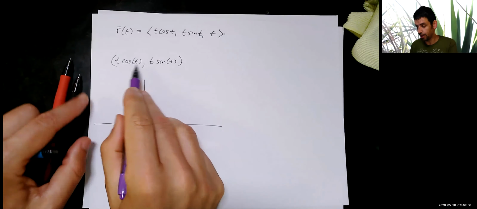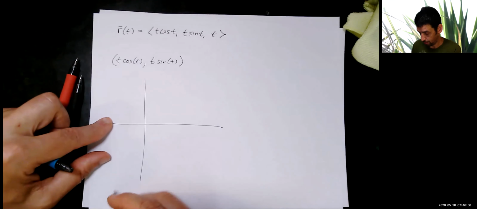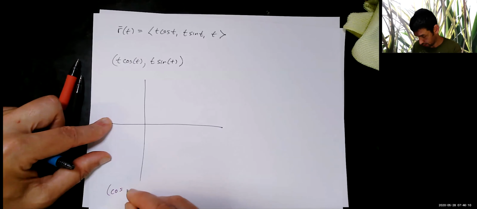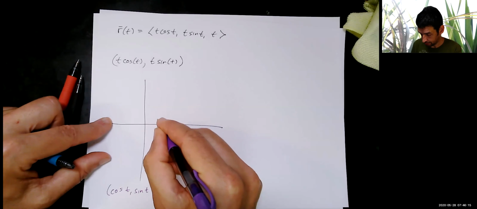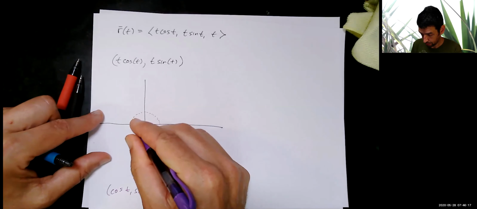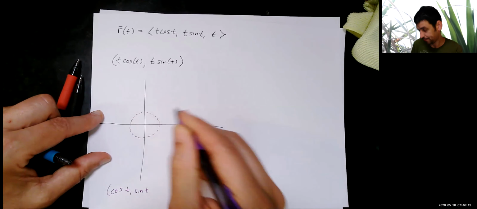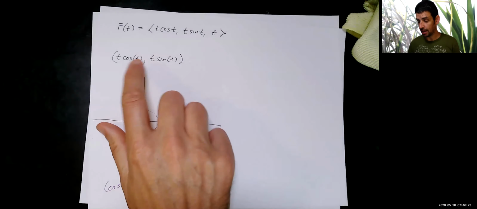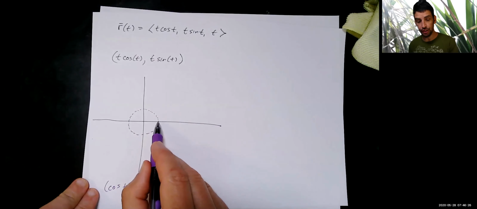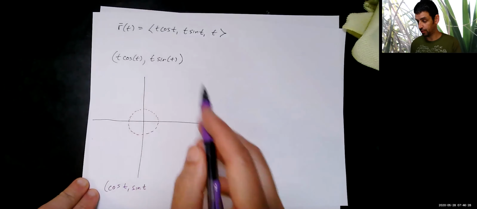The parametric equations without the t's, cosine t, sine t, we recognize as tracing out a circle with radius 1. Okay. However, that's not what actually happens. We're multiplying by t, but we can use this picture to figure out what happens here.